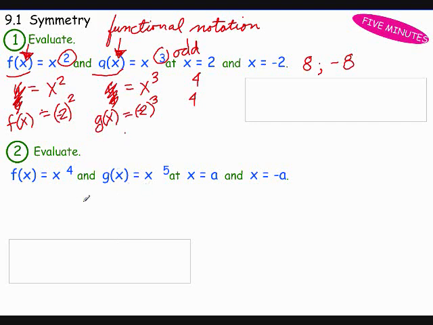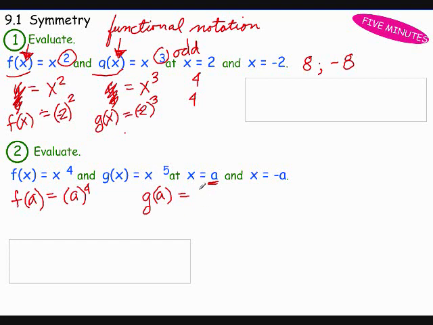Well, let's try that. We'll get a little more obscure with this. If I have function f, and instead of using x, I'm going to use a. So that's going to be my input now. Instead of x, I've got a to the 4th. And for g, let's try g at the same time. Instead of putting in an x, I'm going to put in an a. And what does this function do to every input it gets?